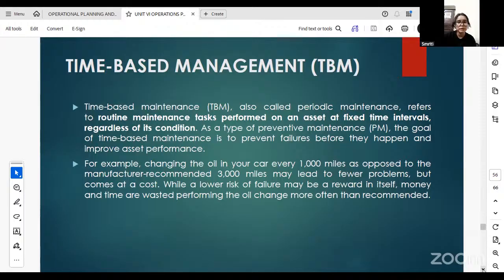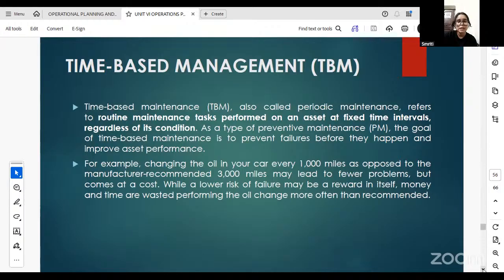Time-based maintenance (TBM), also called periodic maintenance, refers to routine maintenance tasks performed on an asset at fixed time intervals regardless of its condition. As a type of preventive maintenance (PM), the goal of time-based maintenance is to prevent failures before they happen and improve asset performance.